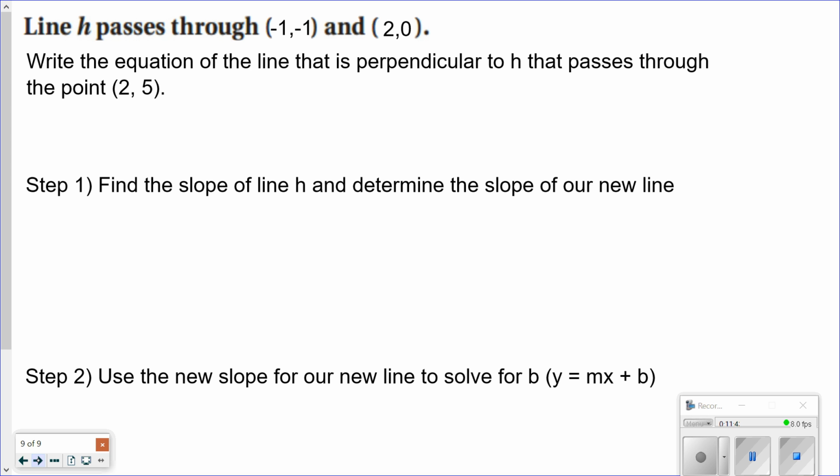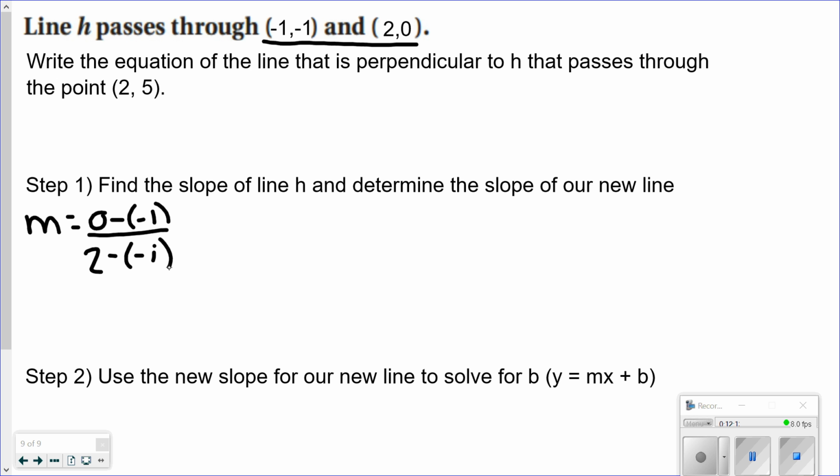I need to figure out what is the slope of line H. My first step is I need to find the slope between those two points. So here we go. My slope is equal to 0 minus a -1 divided by 2 minus a -1.